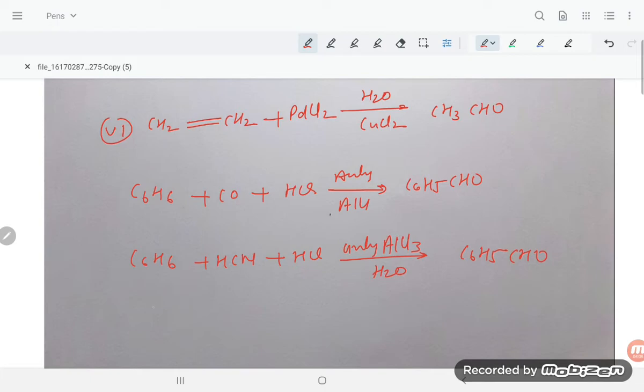Then there is hydrolysis of dihalide: RCX2R, and you treat it with NaOH. So what will it give, student? It will give R-C=O-R. So this is also going to be a very important reaction, student.